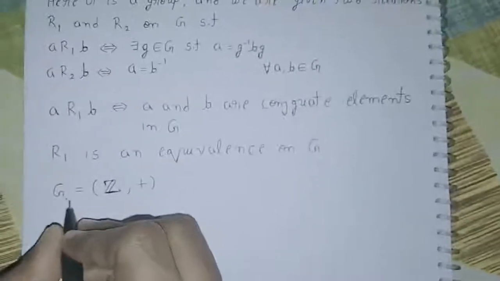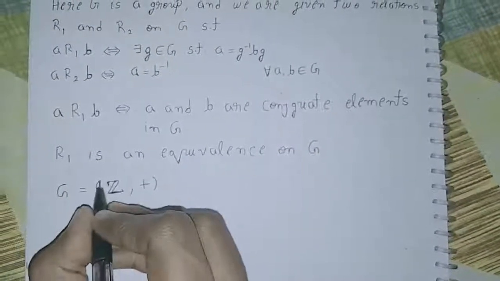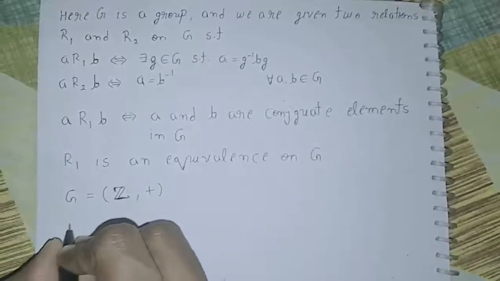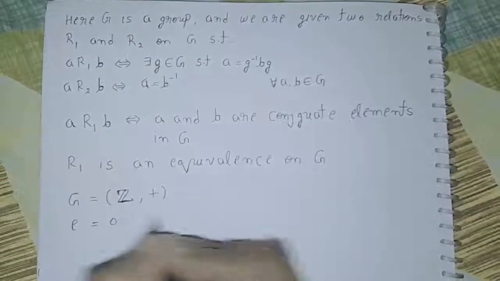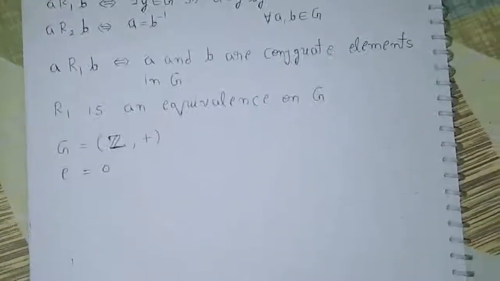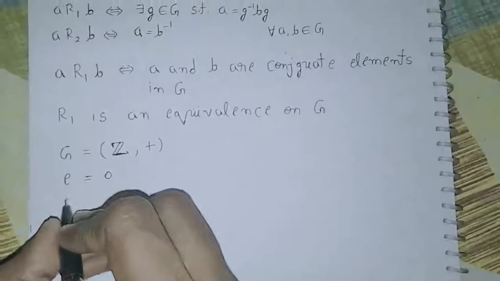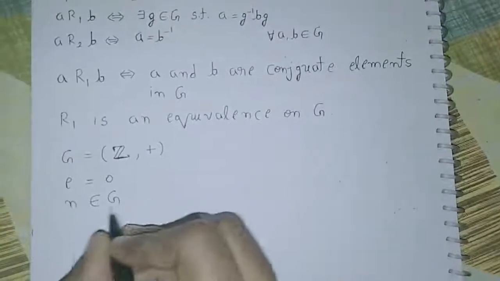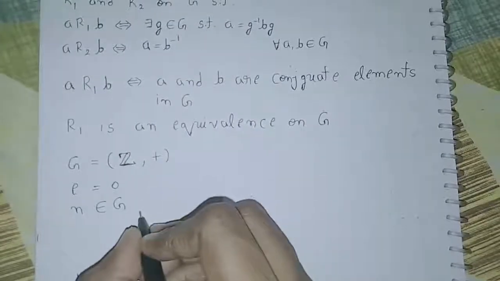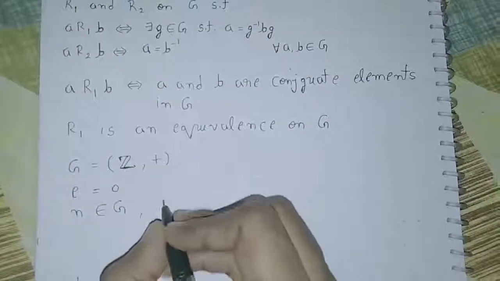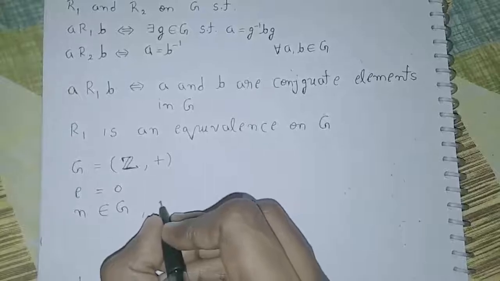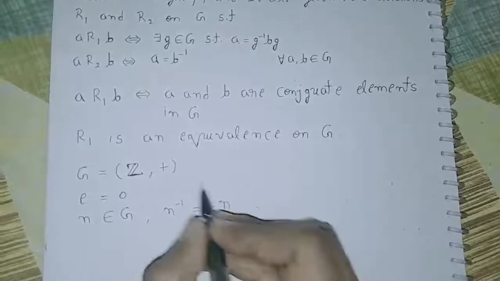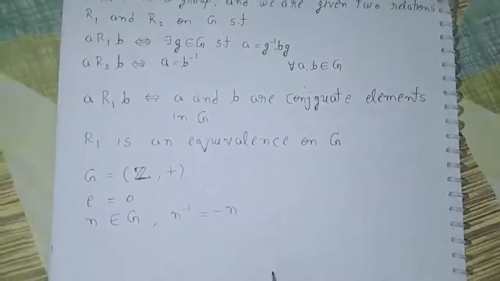Now we know that in this group Z of integers with addition, the identity element is 0, and for any integer n in G, the inverse of n is always given by minus n, remember, with respect to the addition operation.